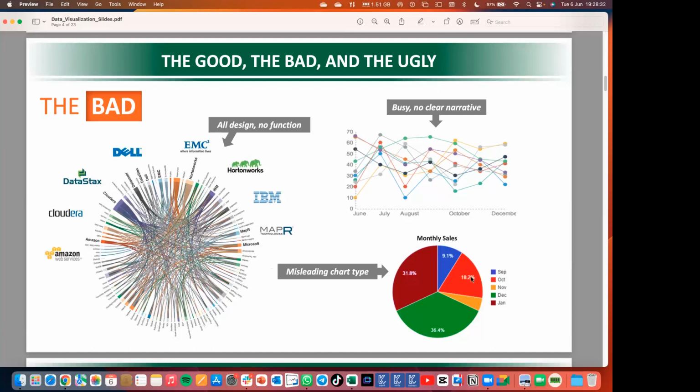So already you have put a narrative. People are going to look at the colors. People know that red is always on the bad side. Green is always on the good side. So the moment you present this, I will automatically tell you December is okay. And I will tell you the red, which is October, is not good. But it is 18.2. There is 9.2. There is even this which doesn't have a value.